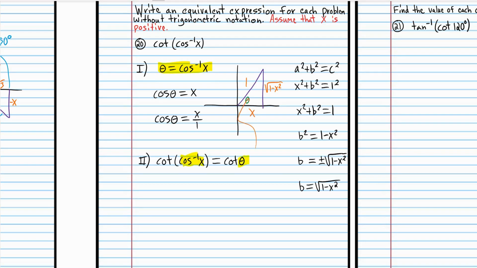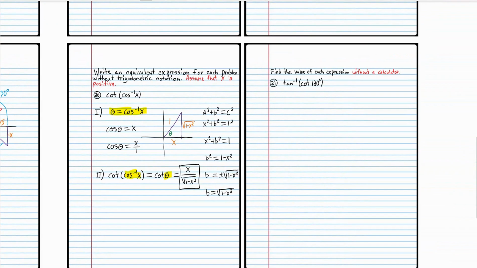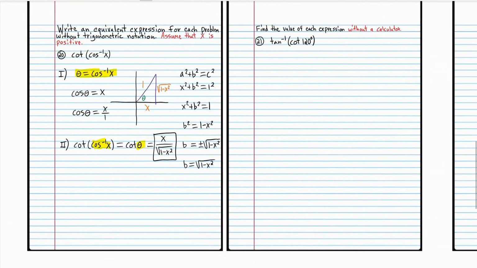But theta is here. So all we have to do is look at the triangle, we have our answer. Cotangent is the adjacent side over the opposite side of the green reference angle. And we have our answer. Now, because we're dealing with variables here, we don't want to complicate things and have to rationalize the denominator, so you can leave the root in the denominator. That's completely fine. So if you got that right, good.